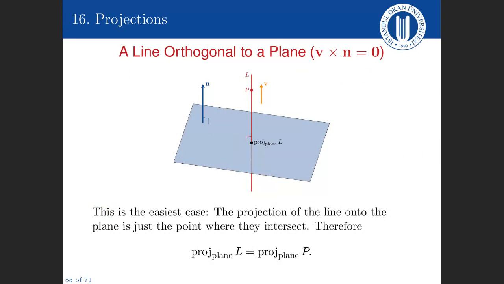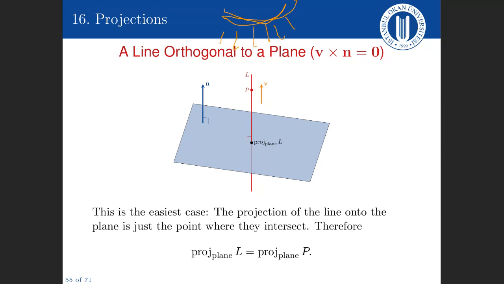First, let's suppose that the line is orthogonal to the plane. We have a picture like this, and this angle where the line crosses the plane must be 90 degrees, however we measure this. This is the easiest case. For the projection of the line, you can think about this by imagining that there is a sun at the top.